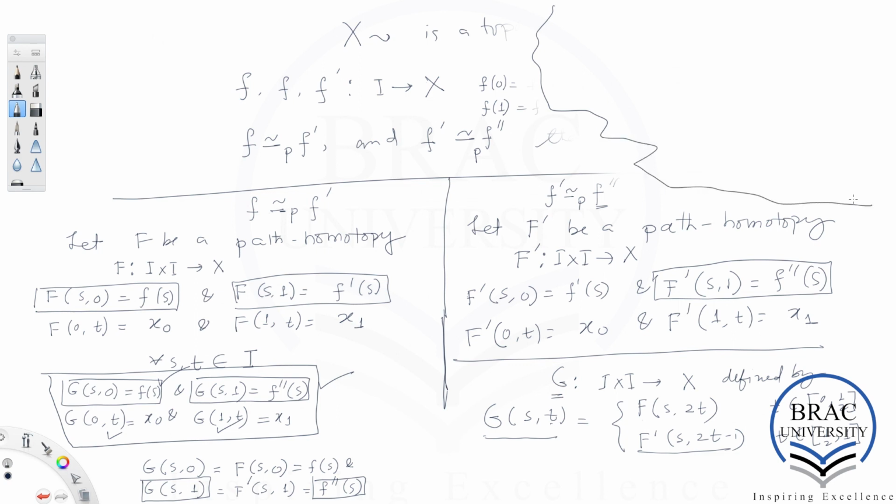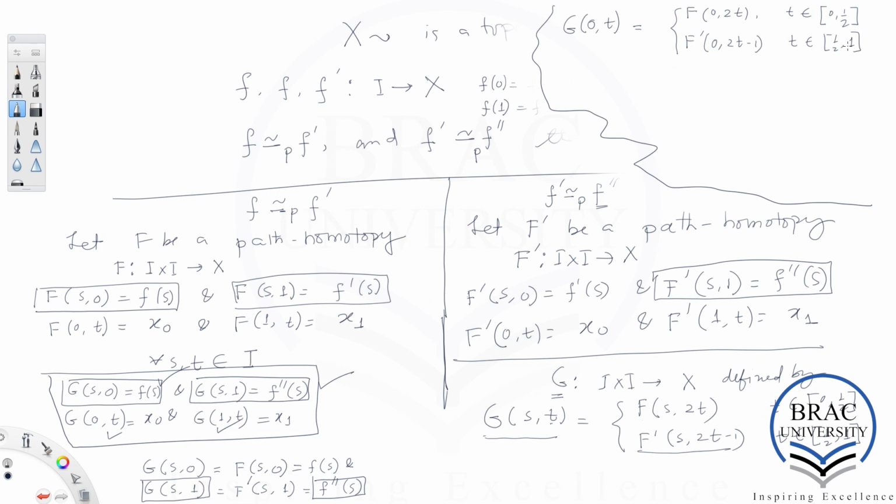Now G of 0 comma t, according to this definition, is equal to big F of 0 comma 2t when t is in this interval, and is equal to f prime of 0 comma 2t minus 1 when t is in this interval, 1/2 to 1.